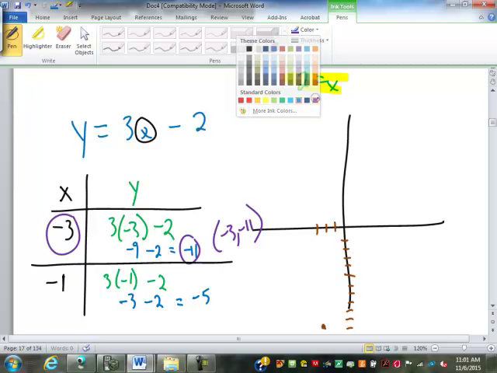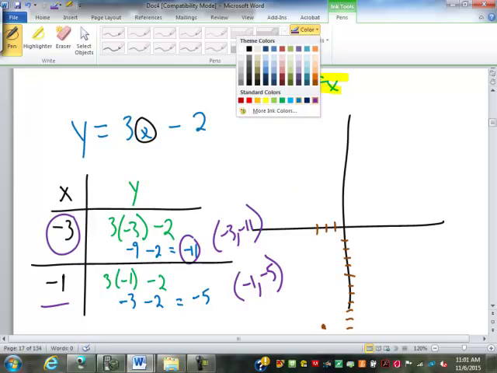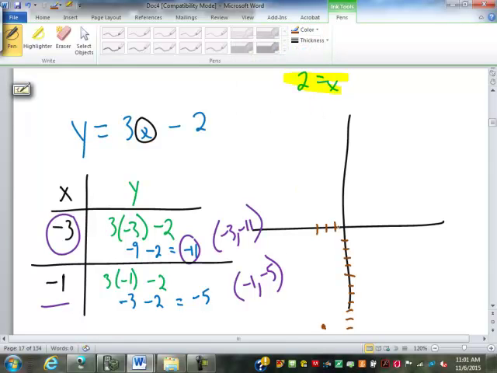So now we have this ordered pair. What number comes first? X, that'd be -1, comma, -5. So we have -1, -5 is somewhere in there.